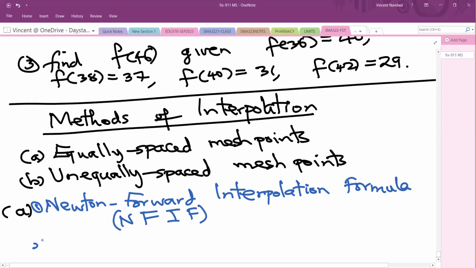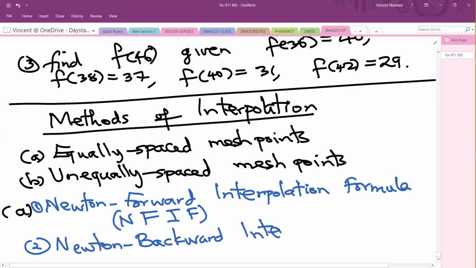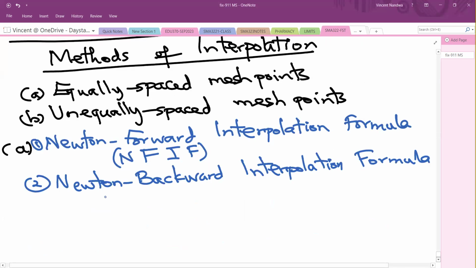And then number two, there's the Newton backward interpolation formula, abbreviated by NBIF.